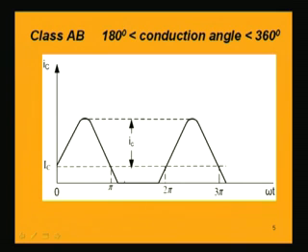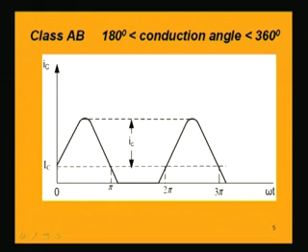With the conduction angle greater than 180 degree, there is current, but not throughout from pi to 2 pi. That means it crosses pi, beyond pi also there is conduction, but then it stops conducting, and that is why the conduction angle is between pi and 2 pi. It is greater than pi, but less than 2 pi.